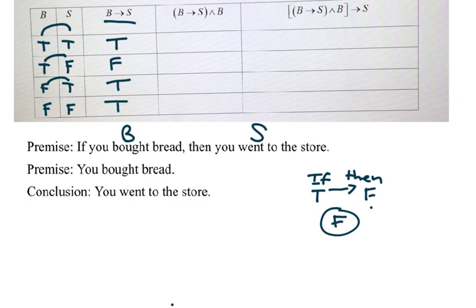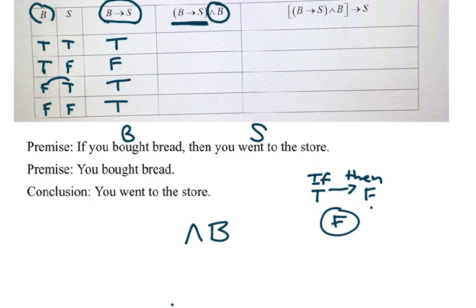The next part of this, we still have this B arrow S, this if-then, and then we also have this symbol with another B. And that symbol is an AND symbol, and B. So we're looking at this line here and this line here. Now, in order to have a true statement there, both things have to be true.